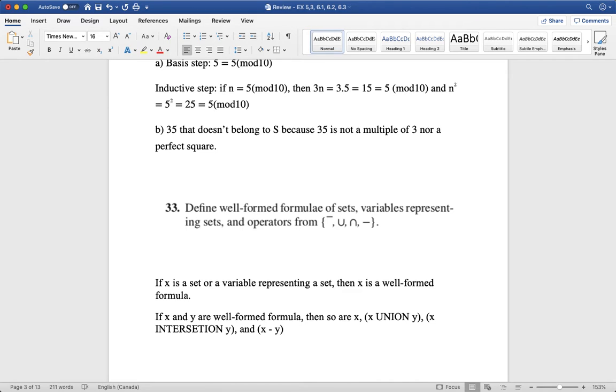If X and Y are well-formed formulas, then so are X union Y, X intersection Y, and X minus Y.